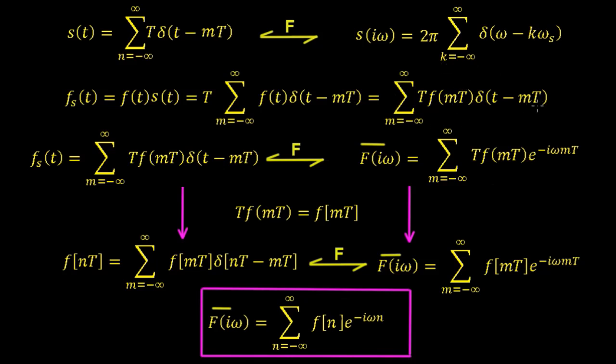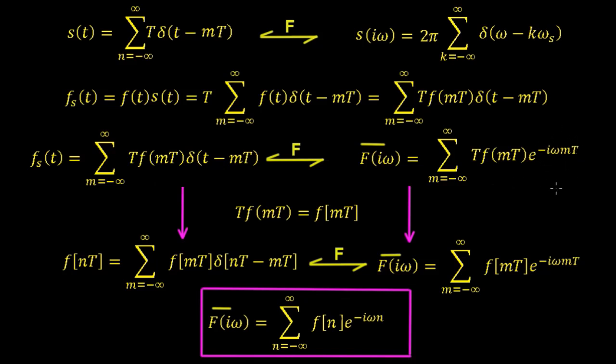So if we take this function here and rewrite it down here, we're going to find the Fourier transform of this function. Now this function here is just a sum of impulses, and it's multiplied by this factor here, which is just an amplitude value. So we know that the sum of impulses can be written as a sum of exponentials in the frequency domain.